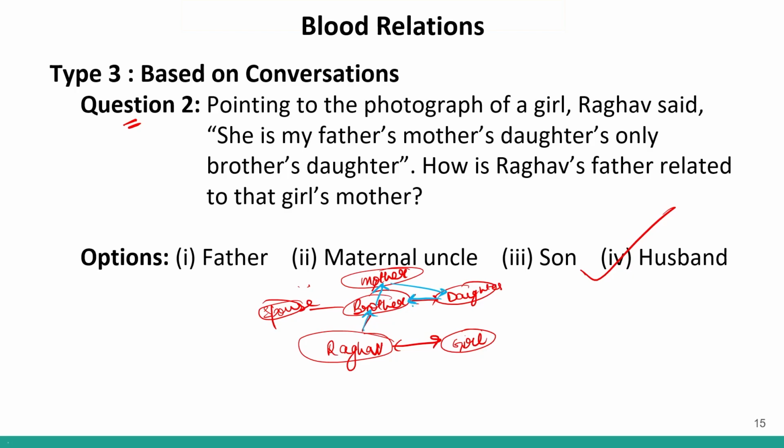Only brother's daughter, so siblings of Raghav. So we have to find the relationship between Raghav's father and the girl's mother. The girl's mother will also be Raghav's mother. So how will they be related? They will be spouses, husband and wife. So the answer will be option number 4, husband.